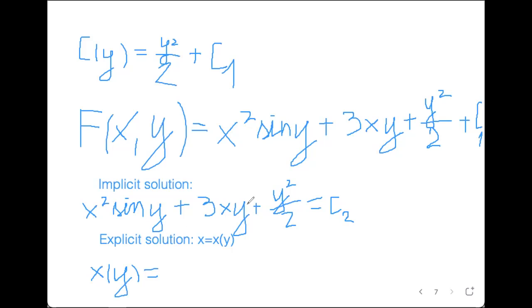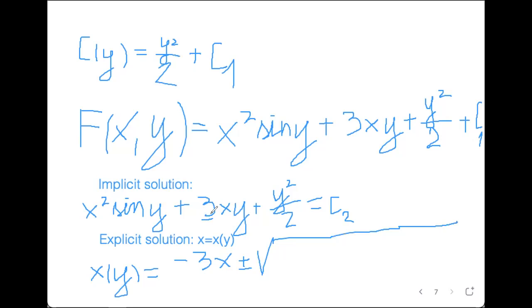Okay, so the solution of the quadratic equation is minus b plus or minus the square root of b squared minus 4ac, everything divided by 2a. So this is minus 3x plus or minus the square root of. So b is 3x here.